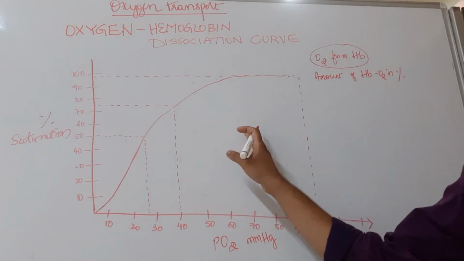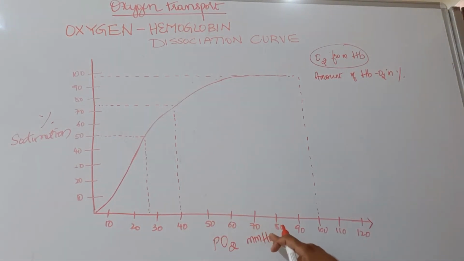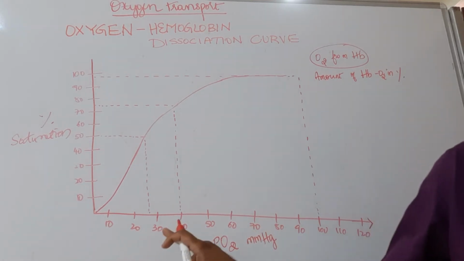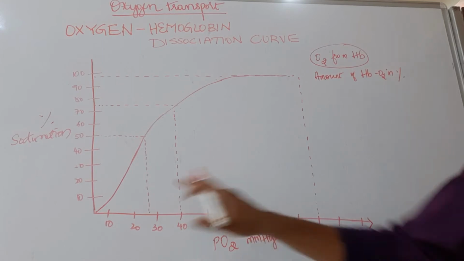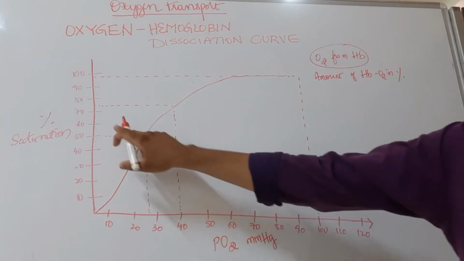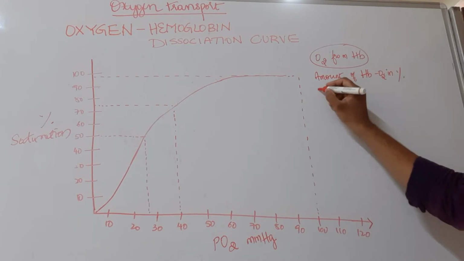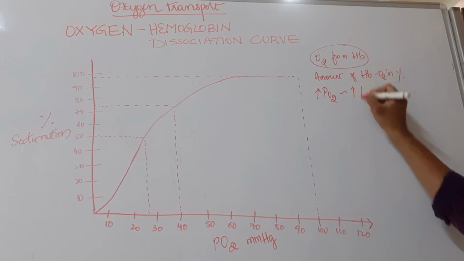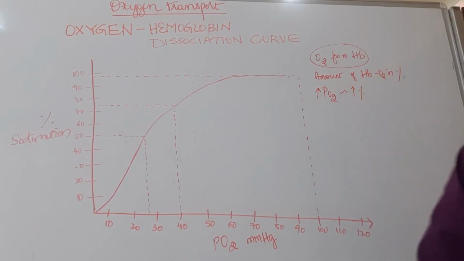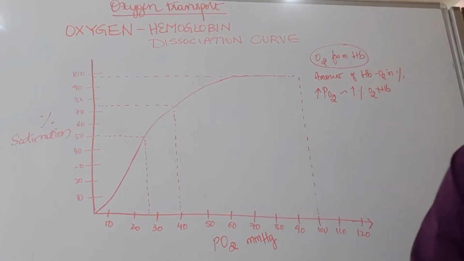This curve explains that as there is a progressive increase in the partial pressure of oxygen, the percentage of hemoglobin bound to oxygen keeps on increasing. So, increased partial pressure will increase the percentage saturation of hemoglobin, that is, increased binding of oxygen to the hemoglobin molecule.